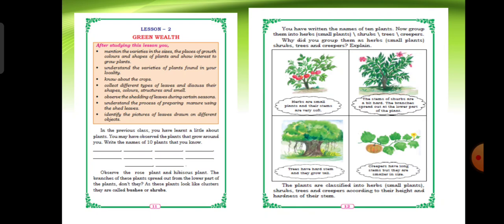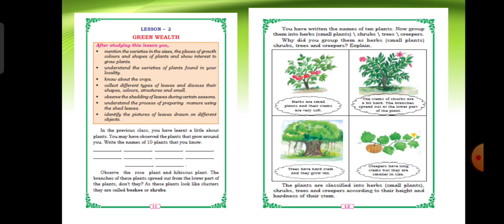Look down, trees have hard stems and they grow tall. Next picture, creepers have long stems but they are smaller in size. Is that clear, children? Till now we covered the explanation of herbs, shrubs, trees, creepers and climbers. So you have to know these.